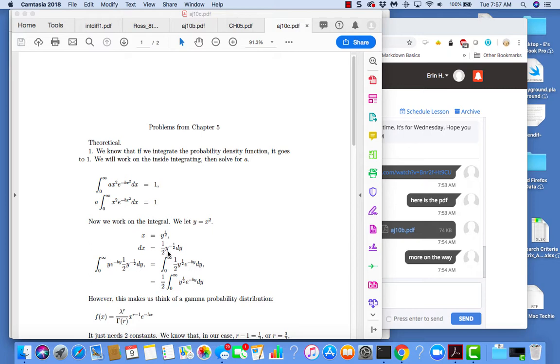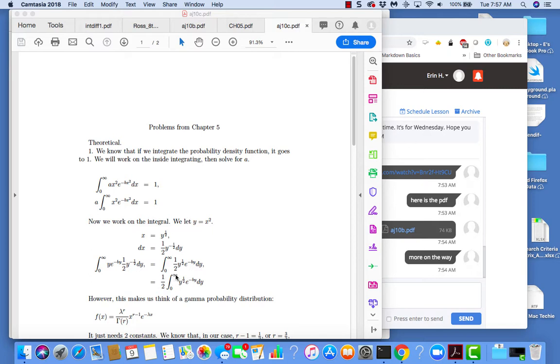So I'm going to have 1/2 y to the minus 1/2. That's just pulling that 1/2 down and subtracting 1, times dy. So now I'm ready to put this stuff back in our formula. So I have y e to the minus b y, then times my expression here, 1/2 y to the minus 1/2 dy.